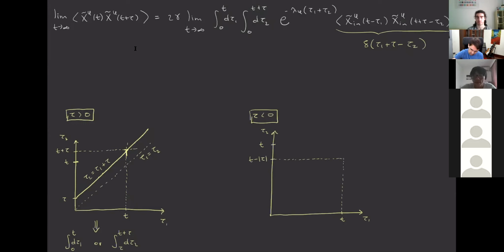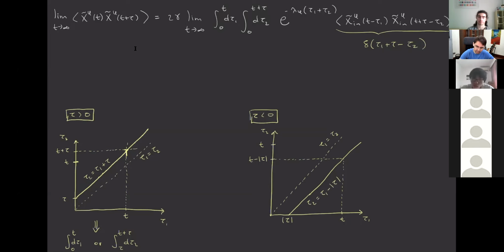Now the line tau1 equal tau2 is this one in here. And we are interested in the parallel, which is the line tau2 equal tau1 minus absolute value of tau, okay?